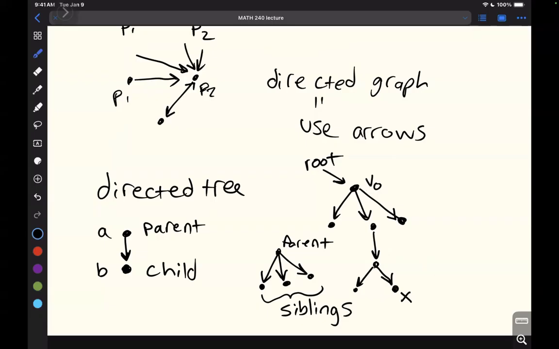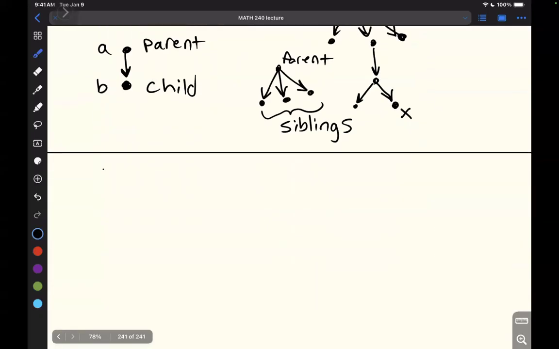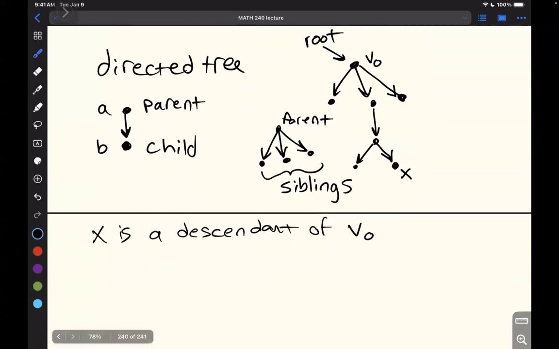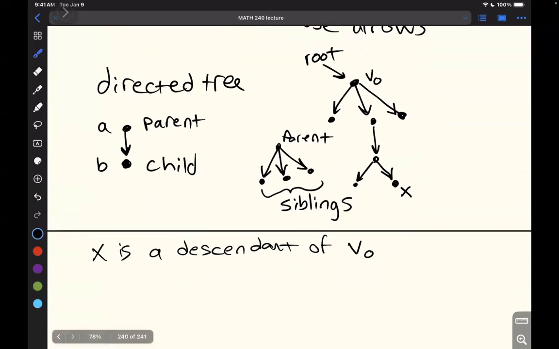And so we can say that X is a descendant of V naught, because from V naught we can find a path all the way down to get to X. Okay, so we've got root, we've got parent, we've got offspring or children, we've got descendant, siblings, we've got leaves.